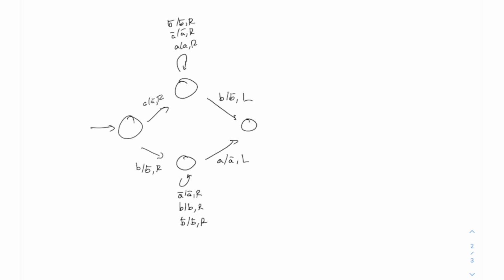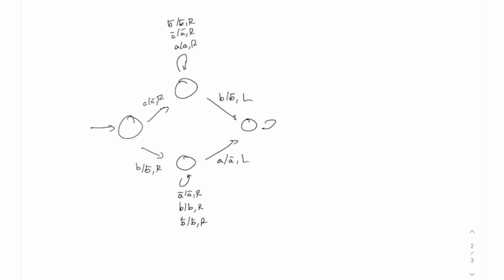And at this point, the two branches can come back together, because the reason they branched in the first place is that the first thing may be an A or a B. But after you do this step, it doesn't matter anymore what the thing was because I matched them up. Anyway, in this state, I need a loop which moves back to the left. And the way my strategy works here, you have to go all the way back to the beginning of the string until you hit a blank.